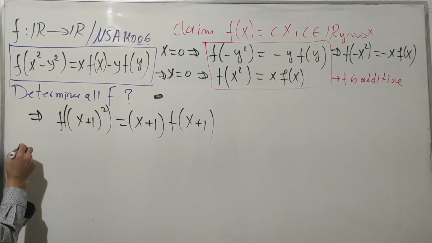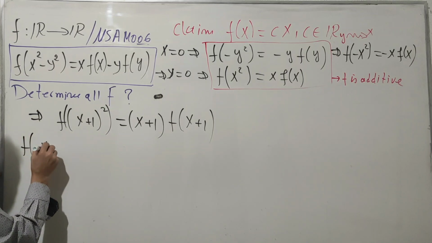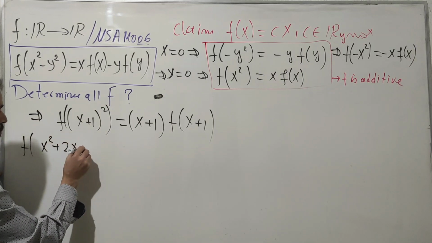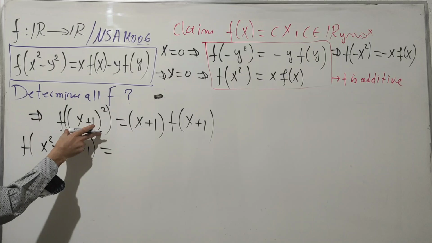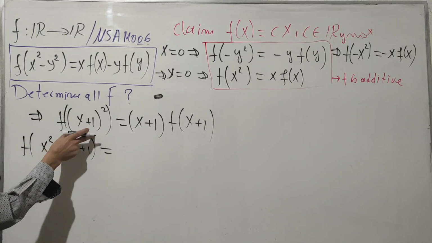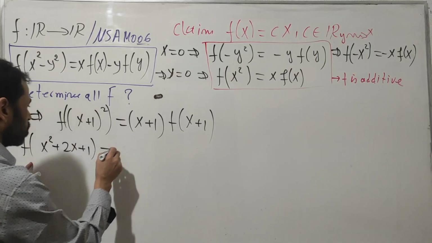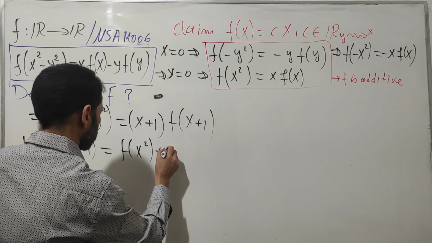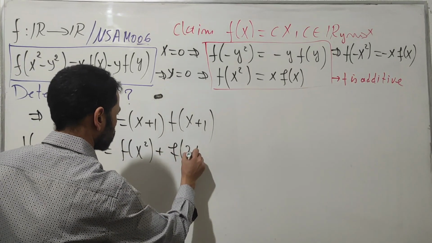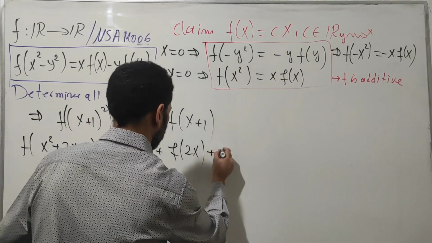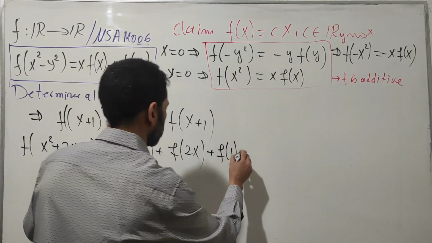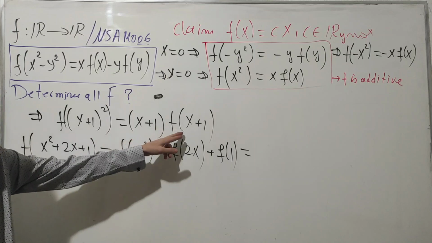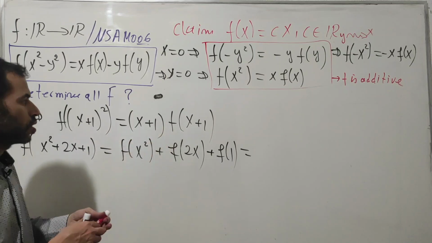To distribute this first, I get f of x squared plus 2x plus 1. I'm going to use the condition that I have previously shown, which is additive function. So it's going to have f of x squared plus f of 2x plus f of 1, which equals this one.